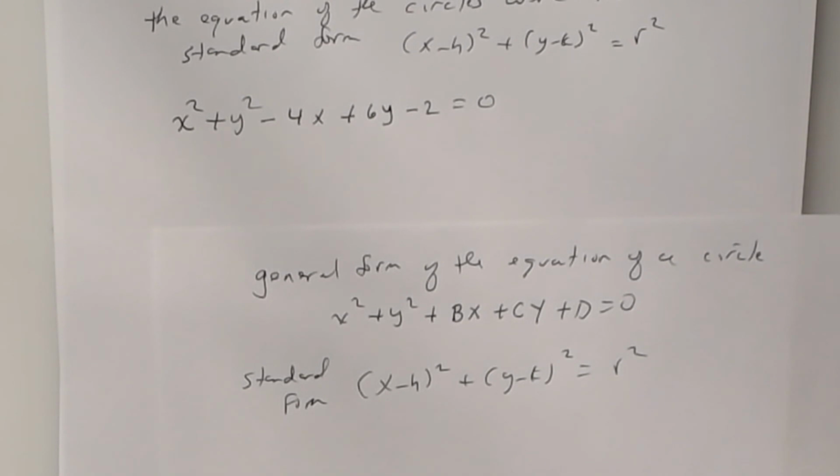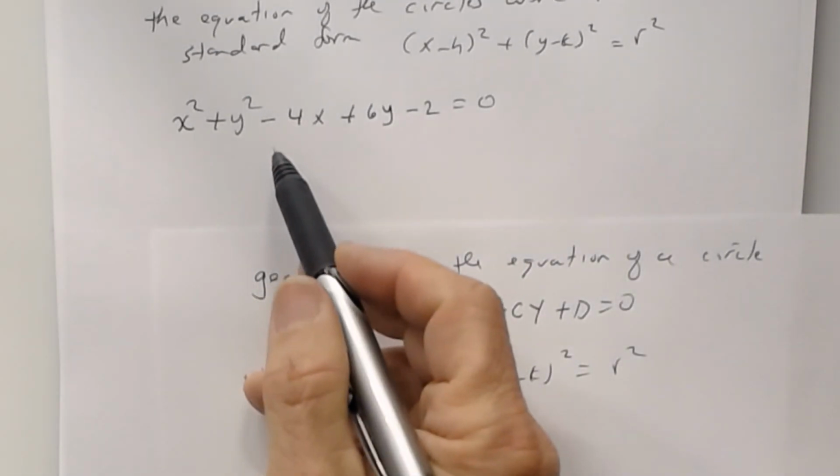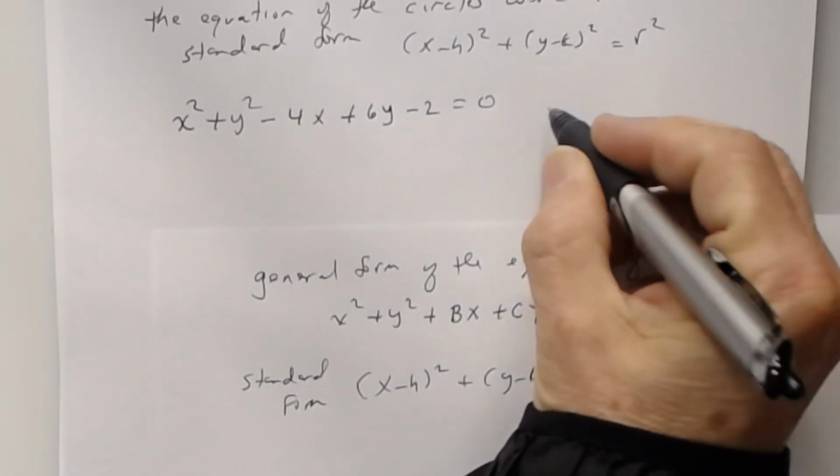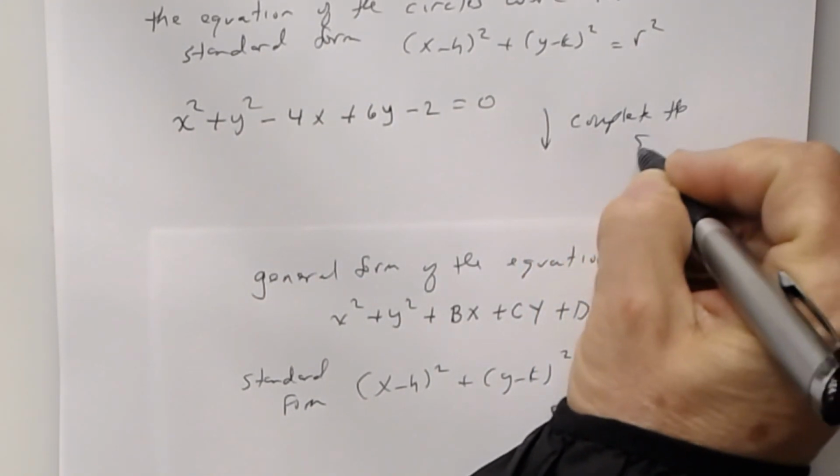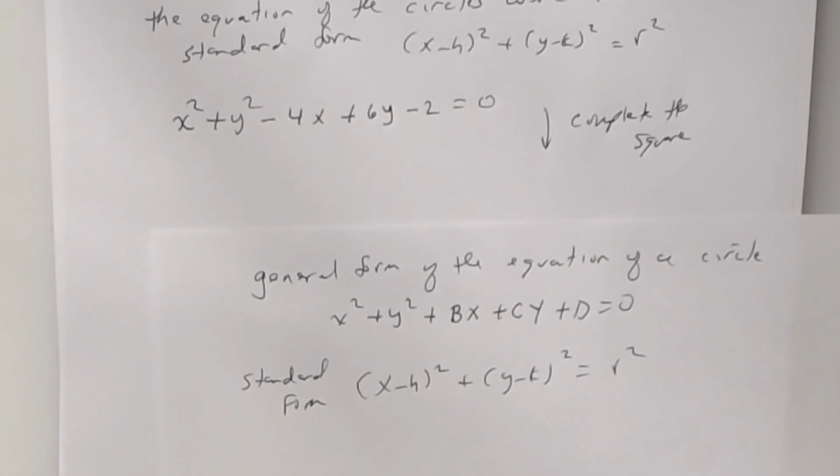Isn't this right here a binomial square? So when it's in general form, to get it to standard form, you're going to complete the square.